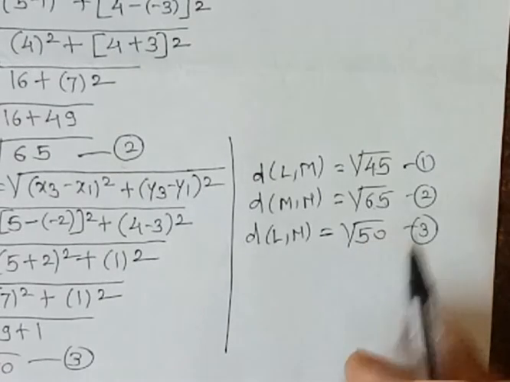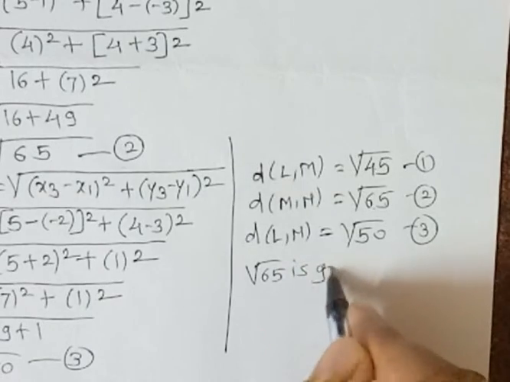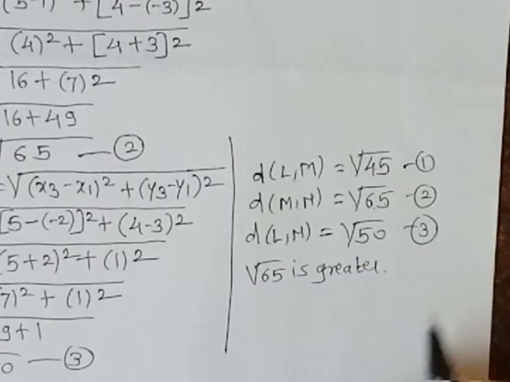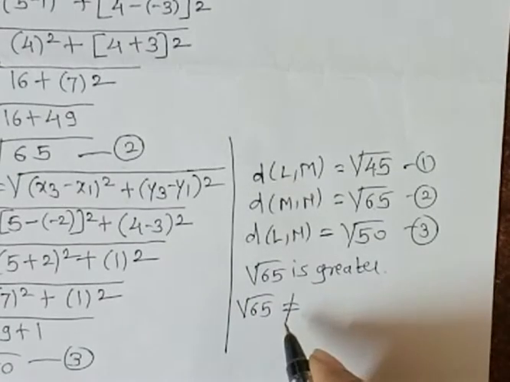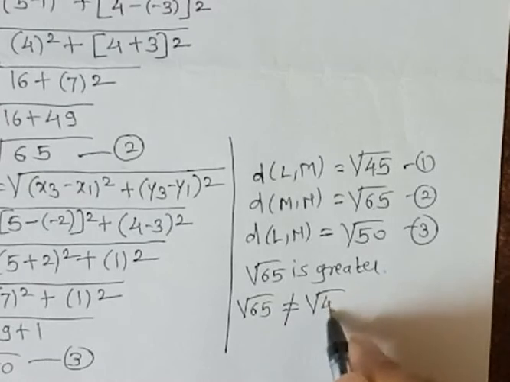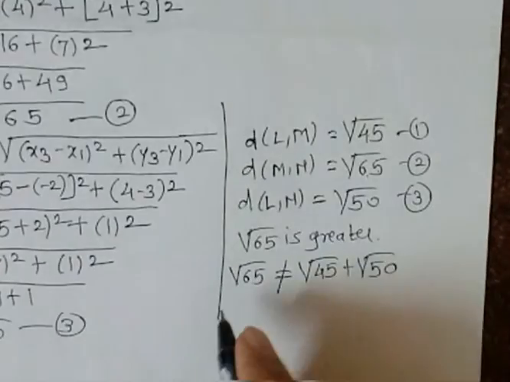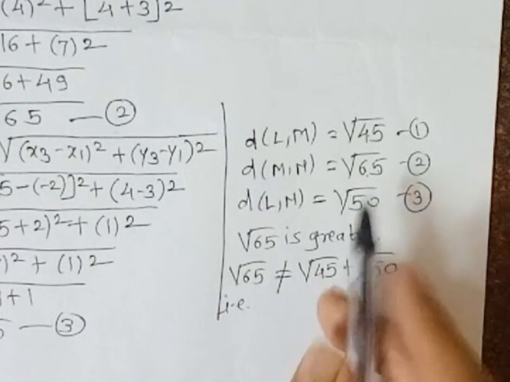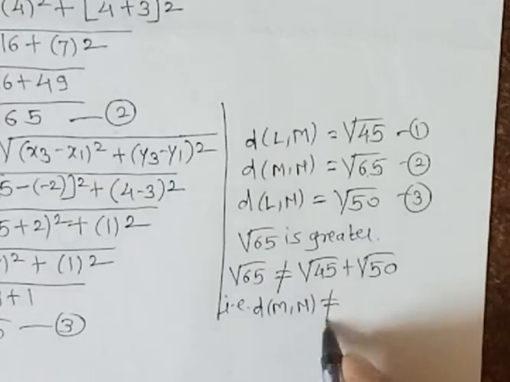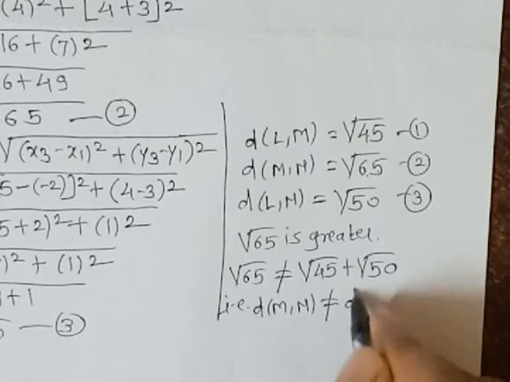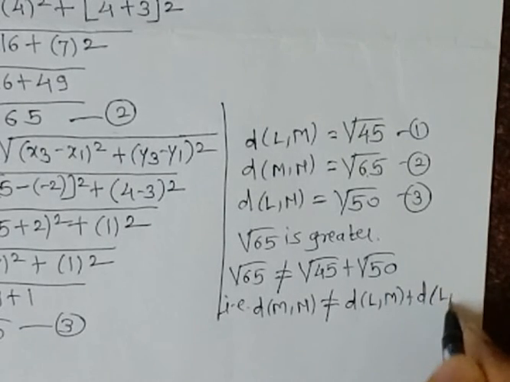No. Under root 65 is greater, and under root 65 is not equal to under root 45 plus under root 50. That means distance MN is not equal to distance LM plus distance LN.